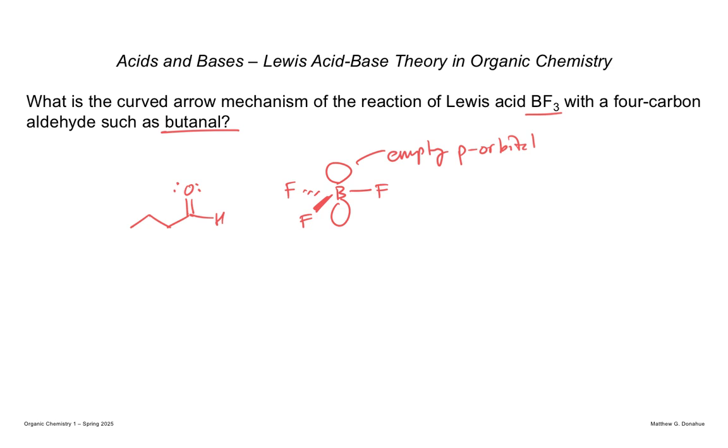This is the Lewis acid, and this is the Lewis base. We see that the oxygen of the carbonyl has 2 lone pairs. So we're going to start drawing an arrow from one lone pair into that empty p orbital. That means we're forming an oxygen-boron bond, and that forms a complex.